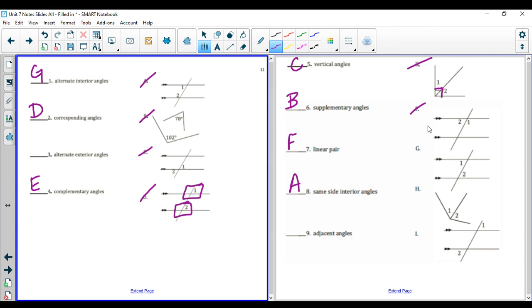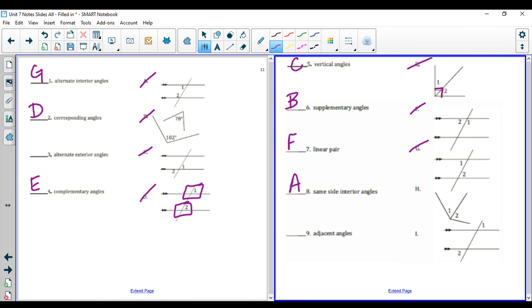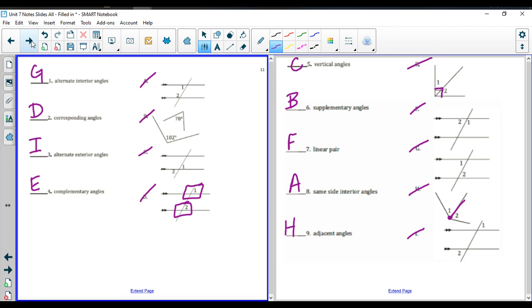That's going to be letter G. H, these two angles, we're down to alternate exterior or adjacent. They are adjacent. They share the vertex. They share that common side, and they're not anything special otherwise. And letter I, then hopefully these are outside, so they're exterior and they flip-flop. So we'd call that alternate exterior. So that's going to go over here with number 3.